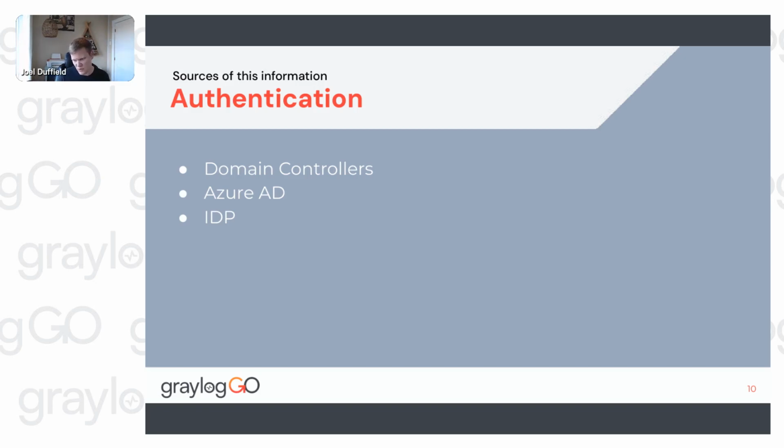Most of these things will give us structured data, which makes it really easy to ingest that data and have it all in this central place. You may need to turn on some additional functions around auditing. So on your domain controllers, you may want to turn on some additional auditing to get the group changes and all of that kind of information coming in, but it is incredibly valuable.